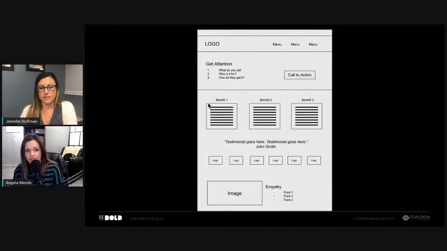The next section that we are suggesting, again, you can move the order of these around as you see fit, is the benefits section. So if you have 3 groups, potentially, something short and simple with a nice headline that draws the eye in, that draws them to the benefit of working with you.